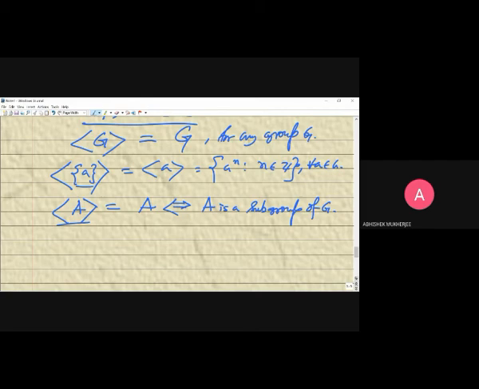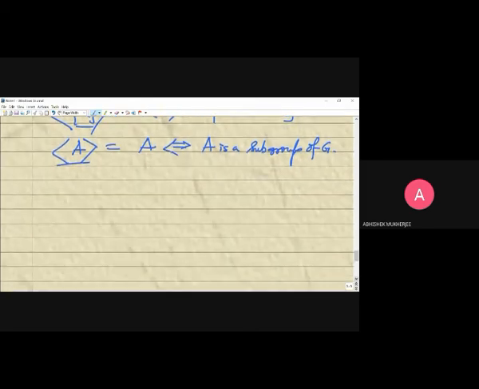Now let us move to the discussion on the smallest subgroup. Suppose you have a group and you are considering one subset A, then the smallest subgroup generated by capital A has elements which look like something like that.